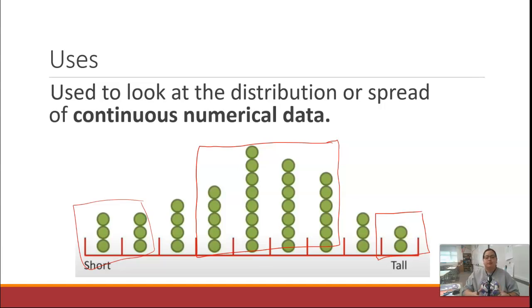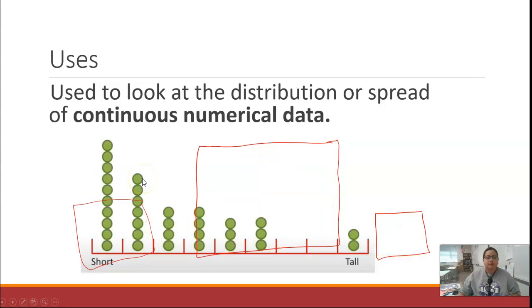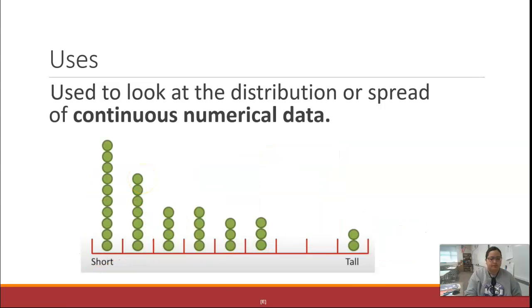And so I can use the data as a form of making a prediction about the next person. So in this histogram, it's skewed to the left. We have more data on the left-hand side. So I can see that it's more common to be short and it's rare to be tall. And that gives me information about the data, in this case, the height of the person.